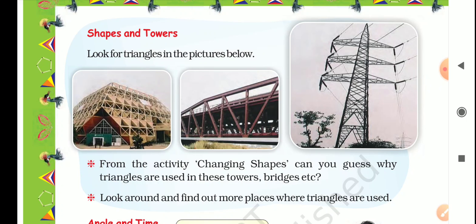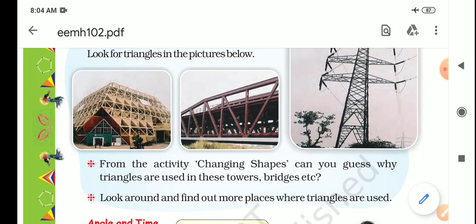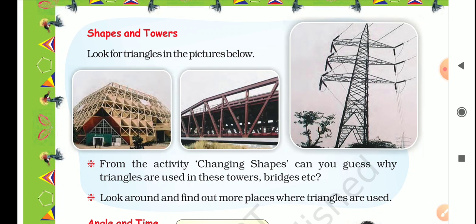Now we have seen one exercise, na? We have seen in our previous page, page number 26, that all the shapes change. We have seen that hexagon, pentagon and square, all three shapes change, but the triangle shape doesn't change. So there may be some reason why this triangle shape doesn't change in shape and angle.